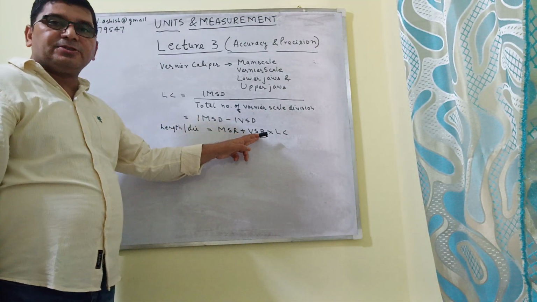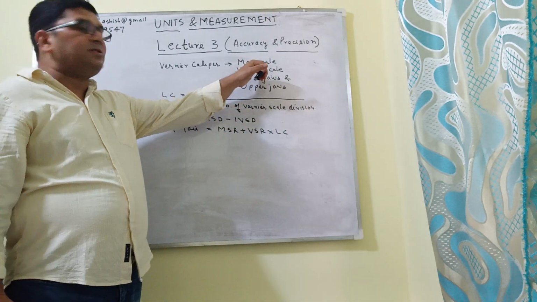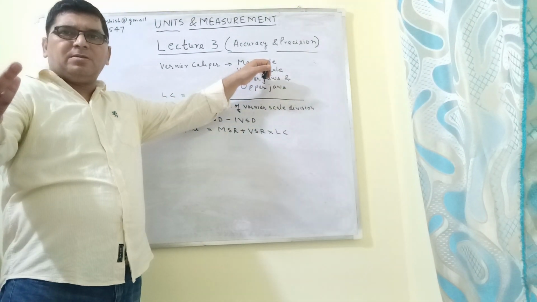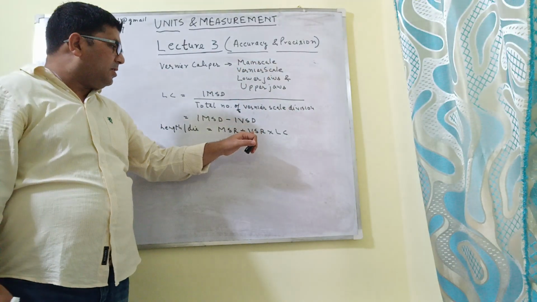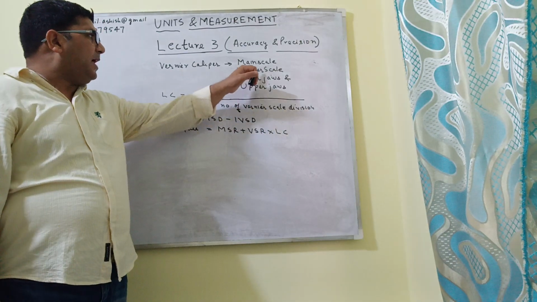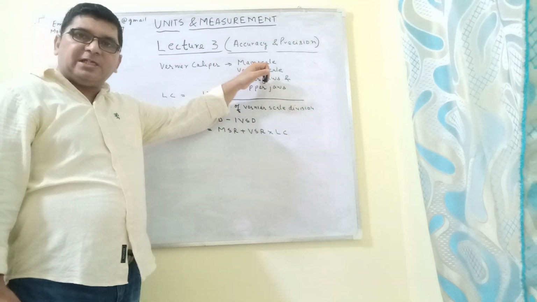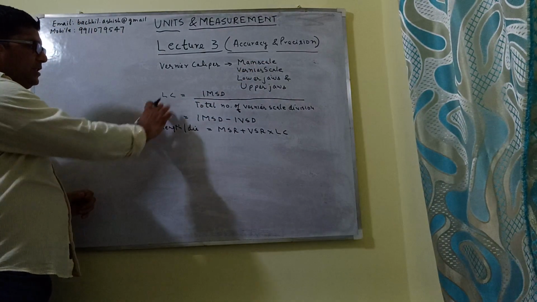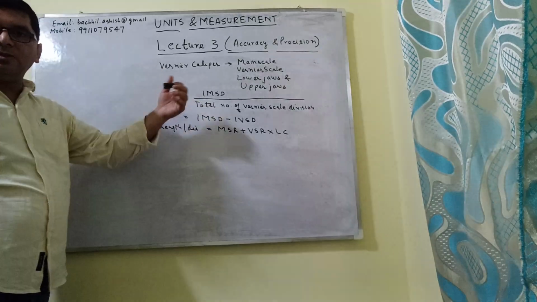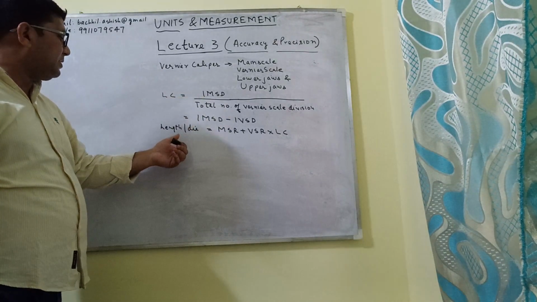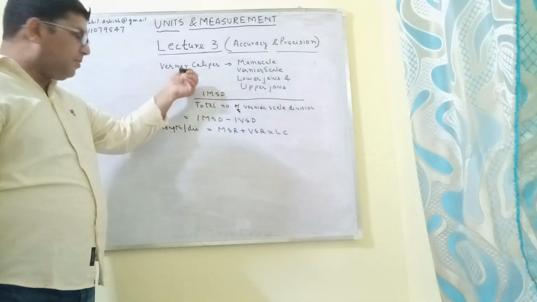It is that reading which is coinciding with any one of the main scale divisions. So these are the 3 important formulas which will be used while calculating the length, diameter and the least count of that particular instrument.